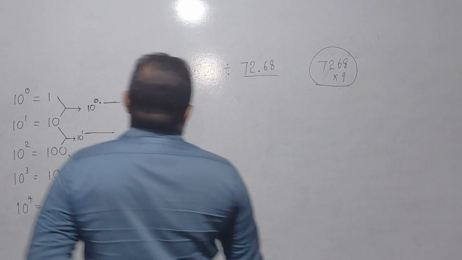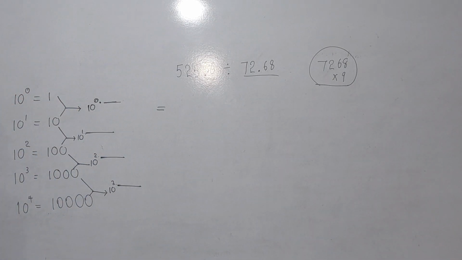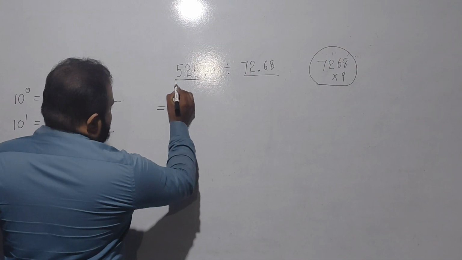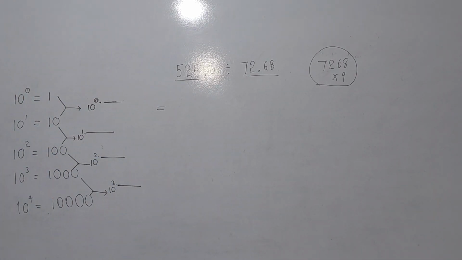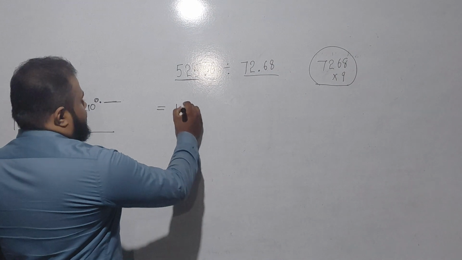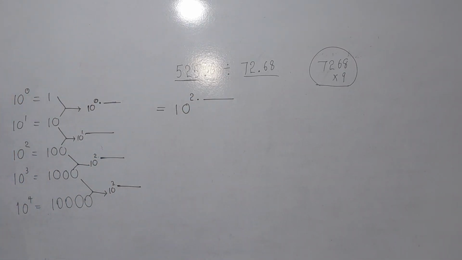No. So what are we doing? 525.6 is greater than 100 and less than 1000. So what should the characteristic be? 10 to the power 2 point something.